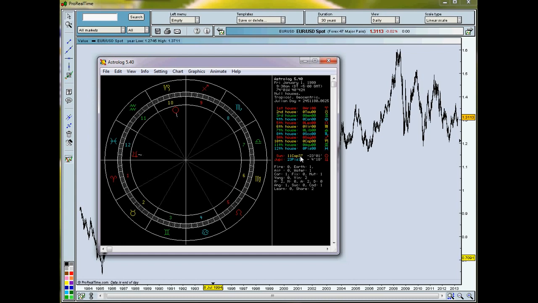So we're interested in what happens to the market when Jupiter is in opposition to the natal Sun, or 11.5 degrees in Cancer.